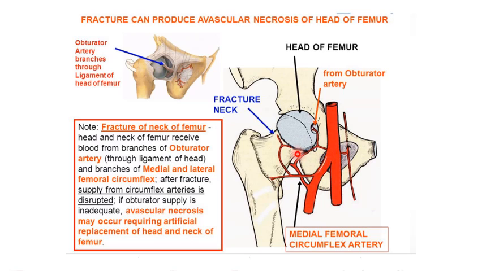Through this ring the retinacular branches enter into the capsule to supply the neck and head of the femur; they get compromised, causing avascular necrosis of the head of the femur, wherein the head of the femur has to be replaced by a prosthesis. That is called partial replacement of the hip joint.